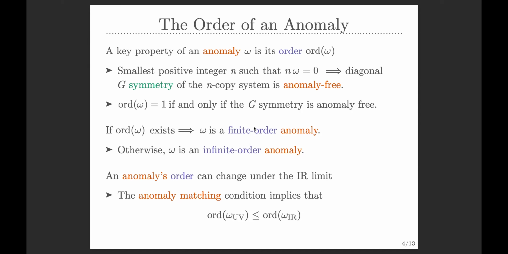Here I'm assuming that it's finite order. This is equal to 1, and that tells you that the order of the UV anomaly has to divide the order of the IR anomaly. And then that implies that condition.